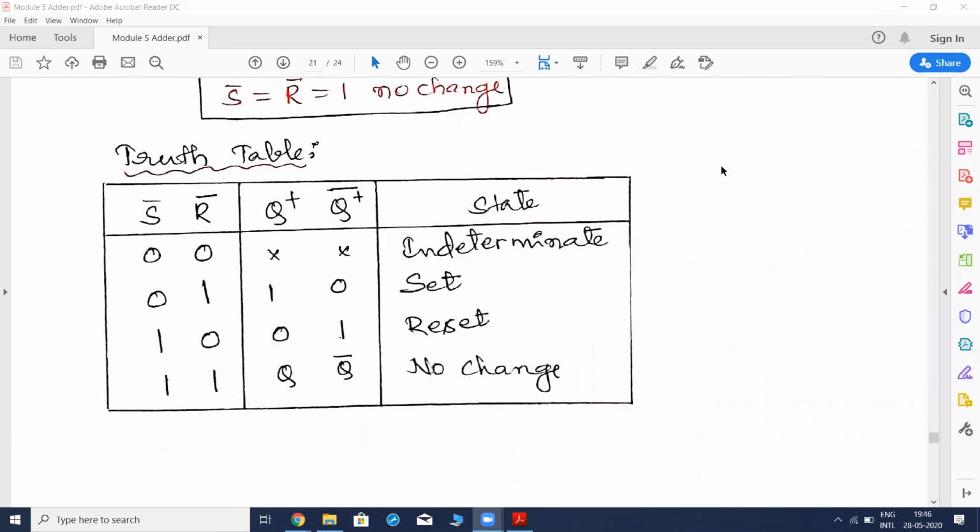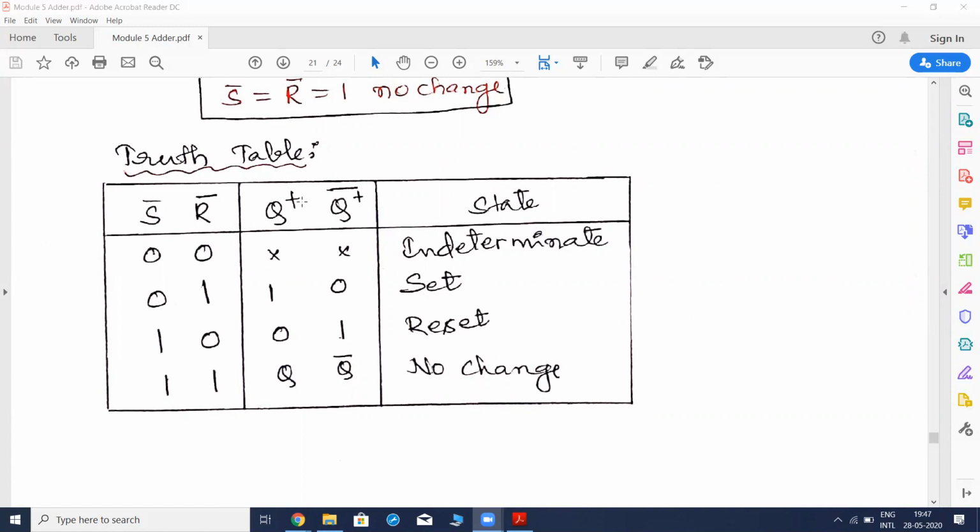All the four cases that we discussed are put in a table over here. When S bar is 0 and R bar is 0, we saw that it is the indeterminate state. Here Q plus means, as I told you in the last class, Q plus and Q plus bar. When we do the analysis, we consider the previous case and the present case.